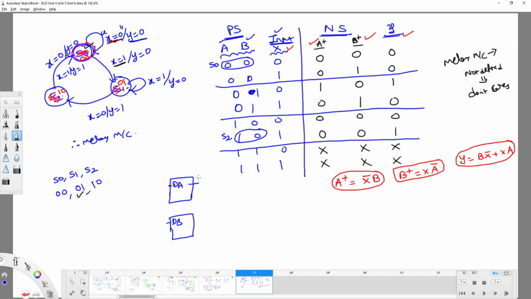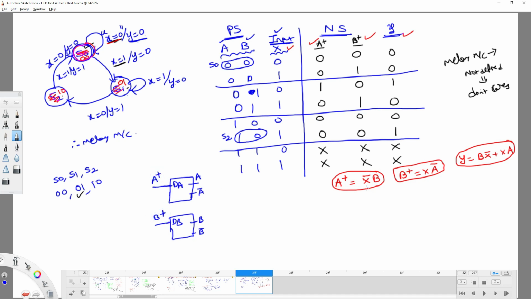Then you are going to produce the states as A and A bar, B and B bar, right? So this is input from the earlier one, right? Here you have to define the A plus, here you have to define the B plus.